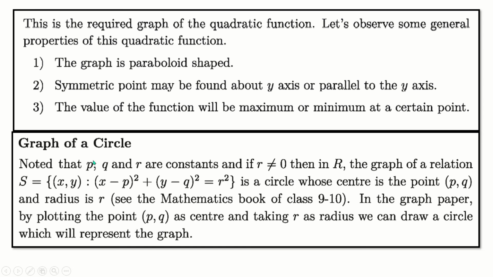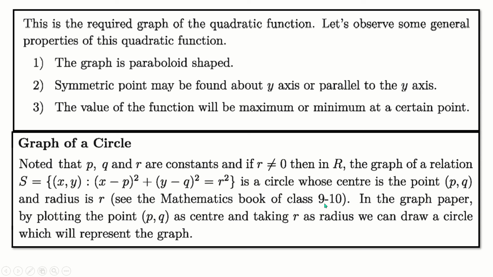Again, graph of a circle. Note that p, q and r are constants, and r is not equal to 0. Then in real numbers, the graph of a relation S equal to xy such that x minus p whole square plus y minus q whole square equal to r square is a circle whose center is the point pq and radius is r.